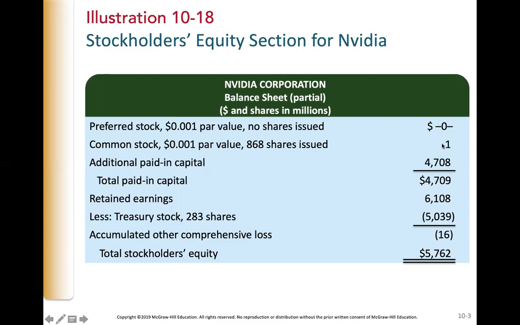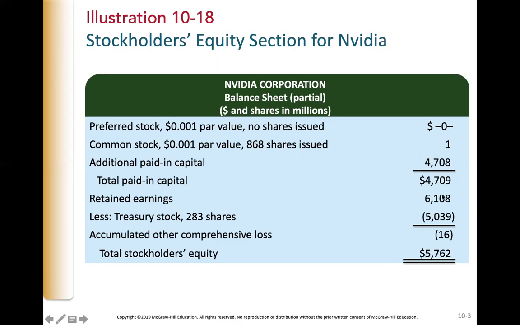These are in millions, so they round it up. Then you have the additional paid in capital account. That is anything that people paid over par value when they purchased the shares. The total of the preferred and common stock and additional paid in capital gives you the total paid in capital portion of the balance sheet.